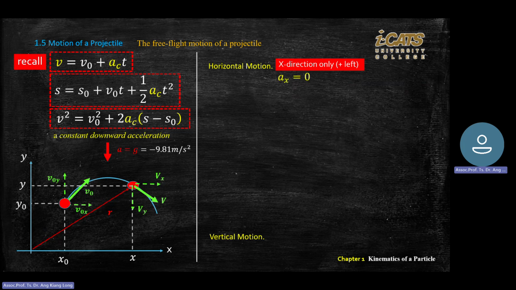So for a projectile, in a vacuum or on this Earth, you can use these three motion equations because you have a constant acceleration. If you look at a projectile question, you throw something, the acceleration in x is always 0, meaning the gravity effect in the x direction is always 0.